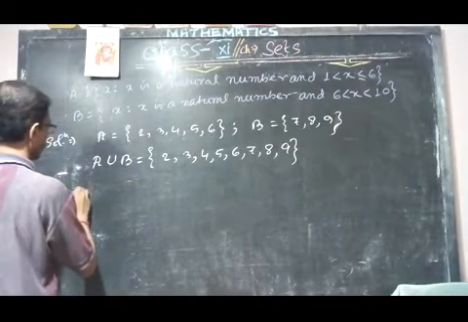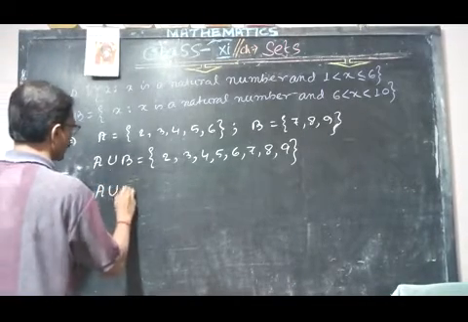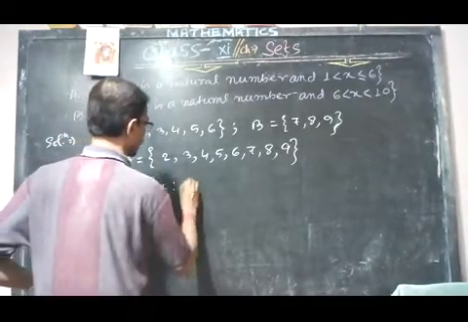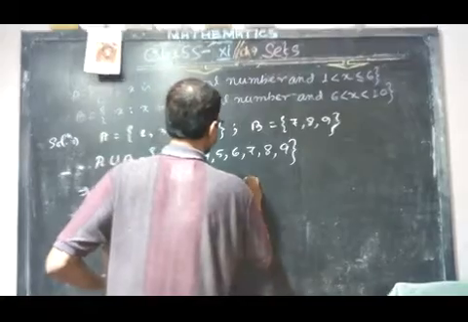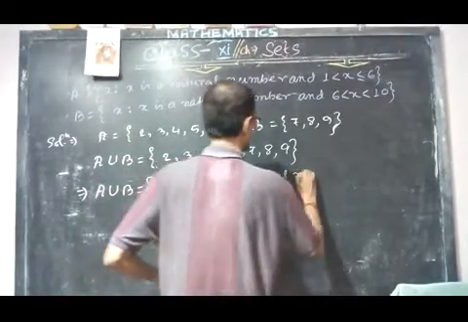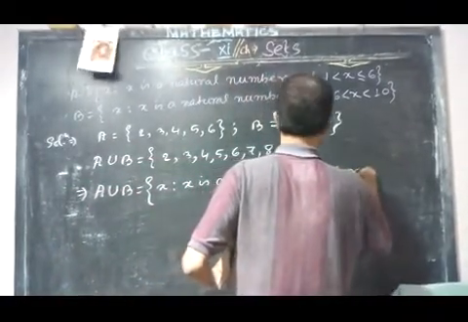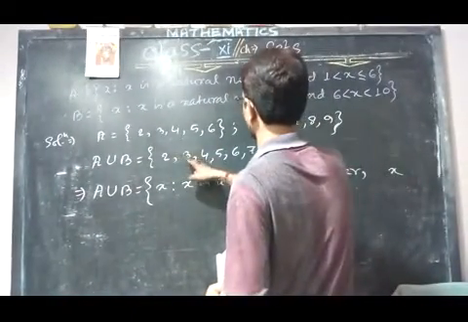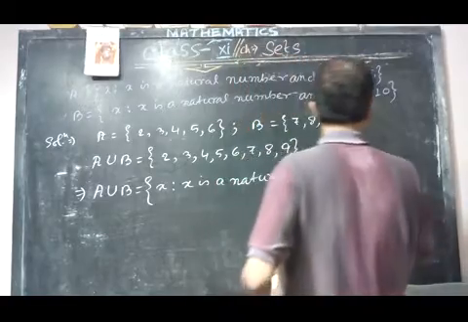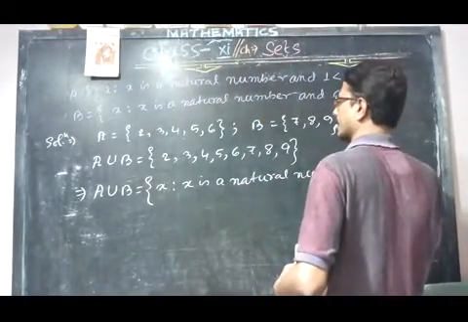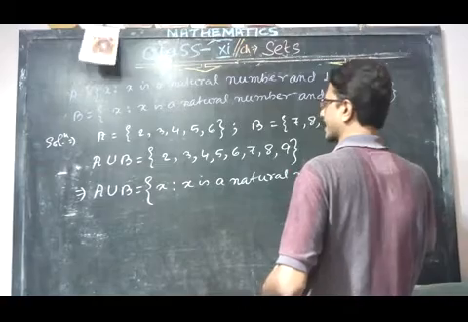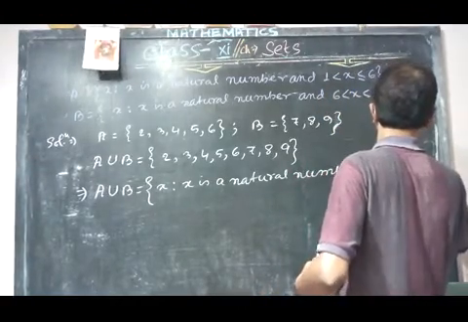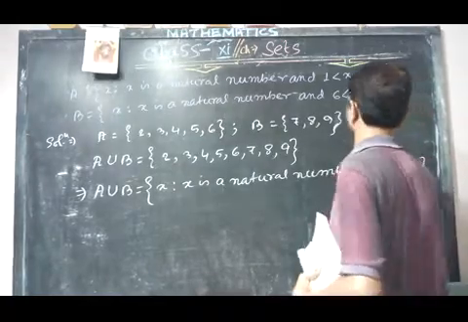By the property method, x is a natural number, x greater than 1 and less than 10, or less than or equal to 9.